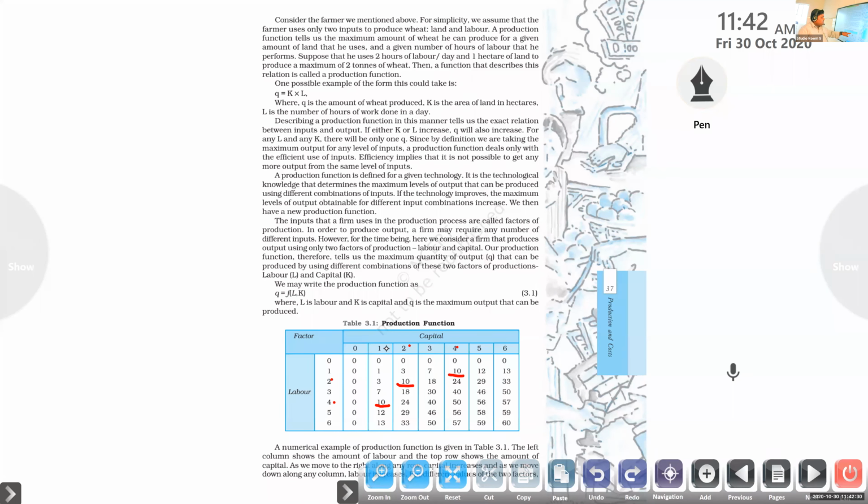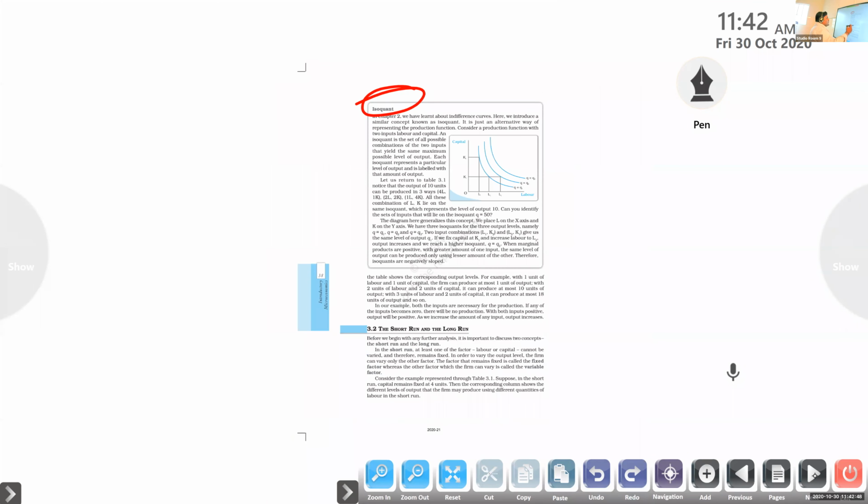That's what all these outputs show: 10 only, right? All 10 only. We only made changes in the input, either in the labor or in the capital. Just keep that in your mind. So we are able to make changes in the use of input. For one type of output, we are able to make different combinations of inputs, labor and capital. That's what we discussed in the last class.